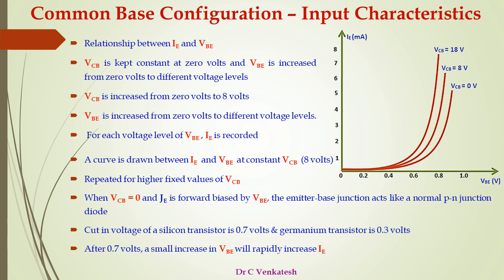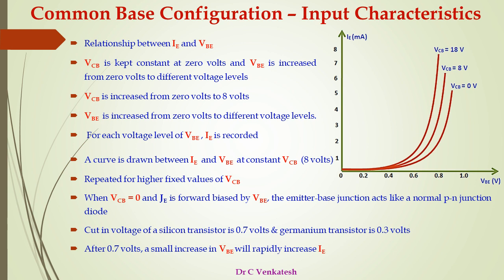When output voltage VCB is at 0 volts and emitter base junction JE is forward biased by the input voltage VBE, the emitter base junction acts like a normal PN junction diode. So, the input characteristics are same as the forward characteristics of a normal PN junction diode.